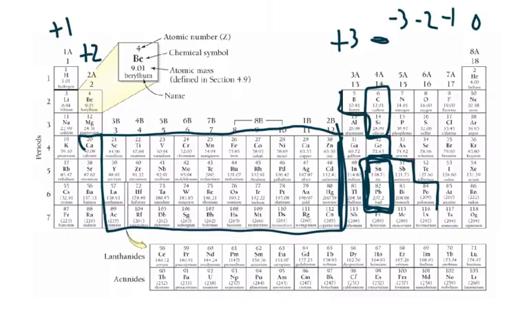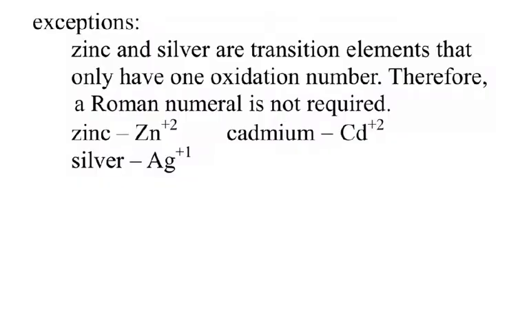Going back to the periodic table, zinc over here and cadmium are always +2, so you will not have a Roman numeral. And silver is actually +1. So those three would never require a Roman numeral.